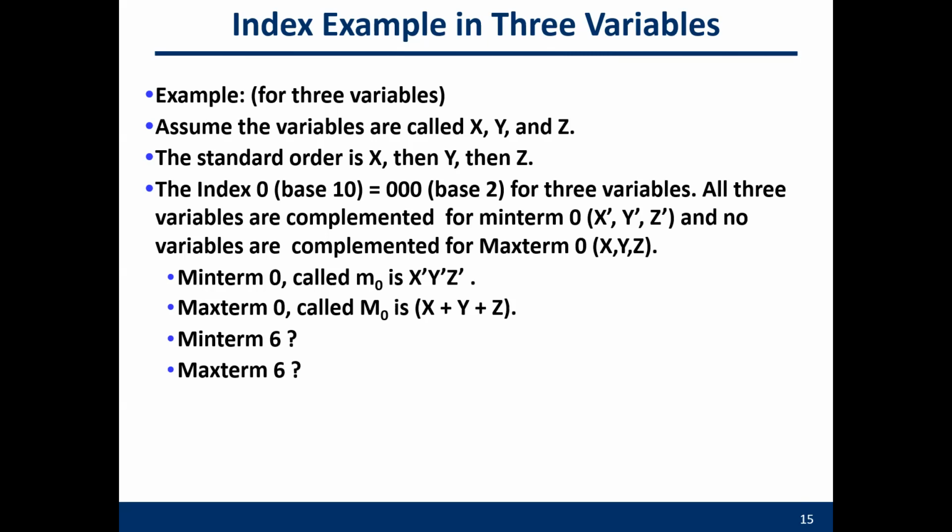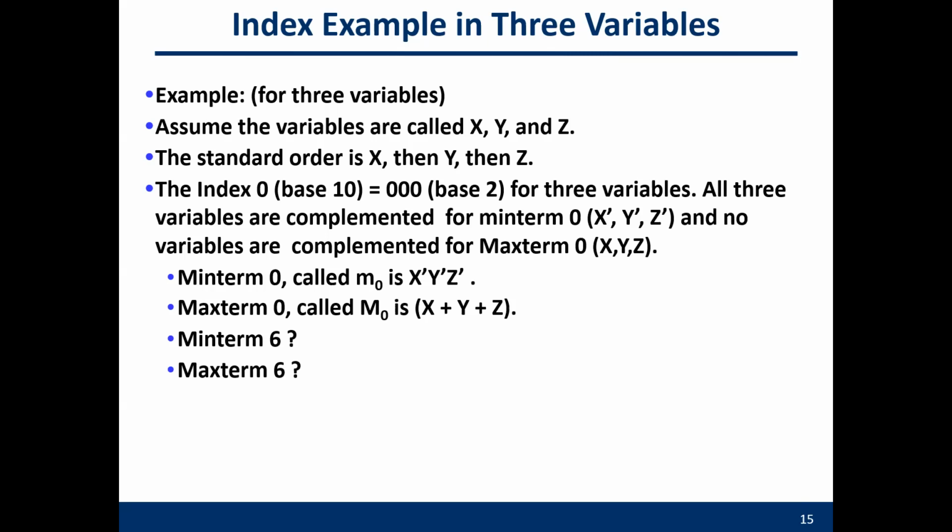So if you want to understand each maxterm or minterm, you have to convert its index to its binary representation first. In minterms, if the corresponding bit of the binary representation is a 0, then you will have a complemented form of that variable.